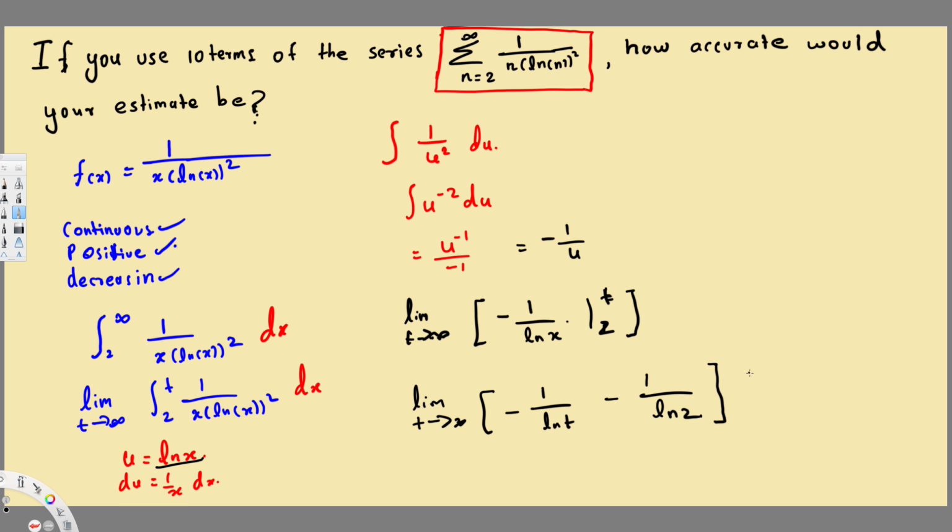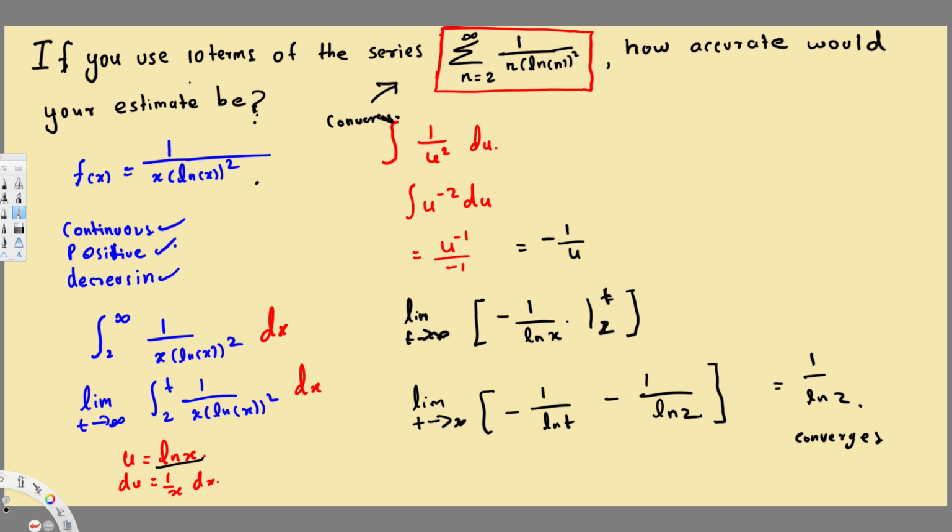So the answer is positive 1 over ln 2. Since we have a finite number, this converges. Since the improper integral converges, we can say this series also converges.